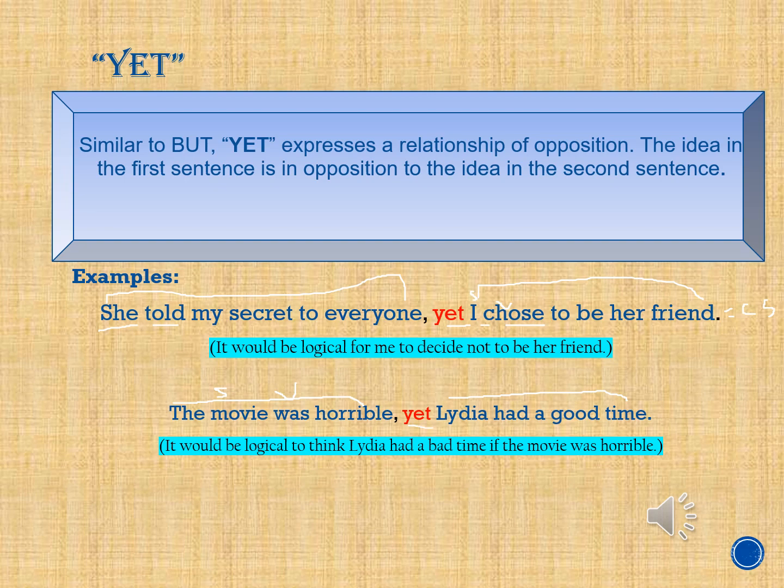Lydia is the person that went to the movie, so she is the subject. Had a good time. Had is my verb. A good time is a phrase that expresses the complete idea of how she felt, right? So it would be logical to think that Lydia had a bad time because the movie was horrible, but yet she had a good time. So see, the second part has something opposite, like the result is different.